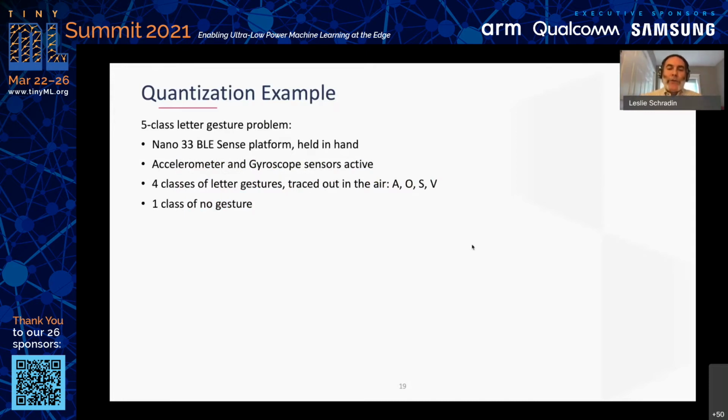While it's held in the hand, we traced out in the air letter gestures, A, O, S, and V. And then also while it's held in the hand, collected data at the same time where there's no gesture at all. So a 5-class problem. For the example I'll talk about here, I trained an sklearn GBM with default parameters mostly.